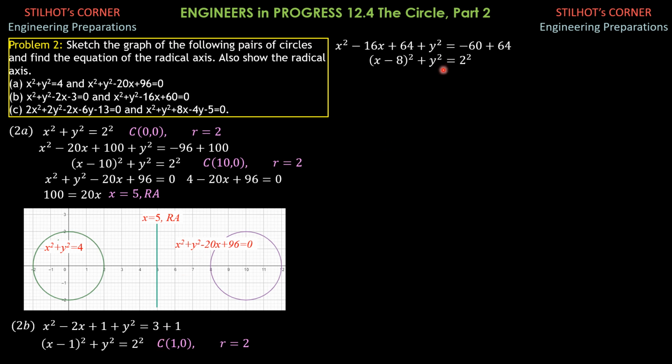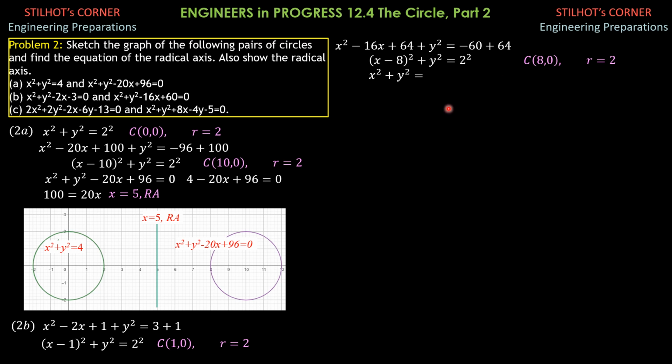So the radical axis is the perpendicular bisector of the line of centers between these two circles of equal radius. So in the second equation we replace the value of x squared plus y squared, which is 2x plus 3 if we transpose this to the right. The center of the circle is (8, 0), radius is 2.